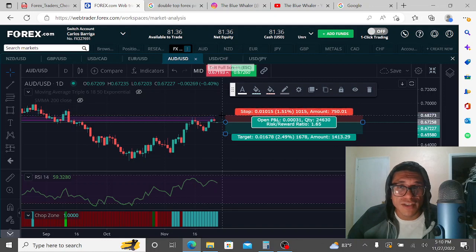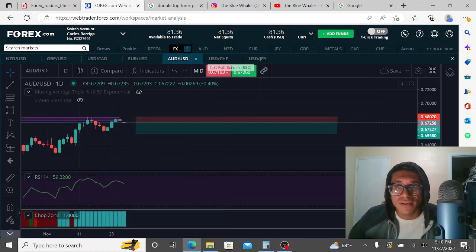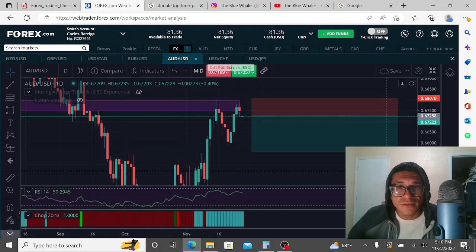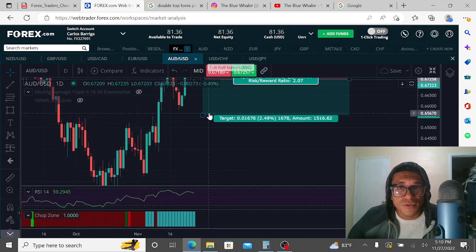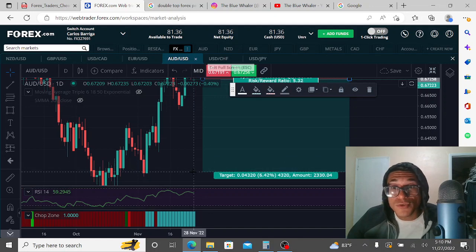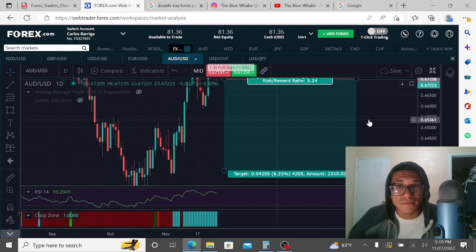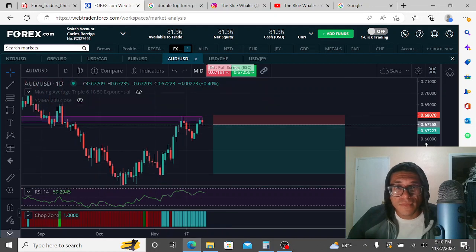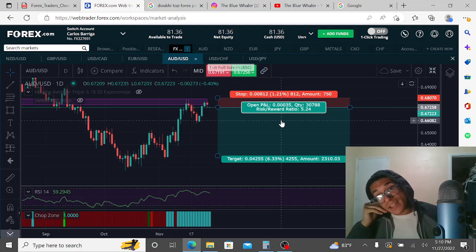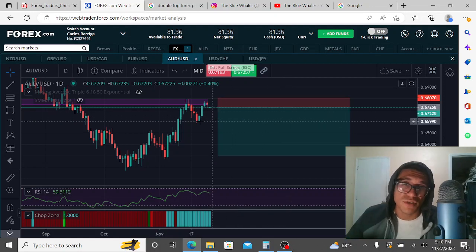I'll put my stop loss at the 68-cent line, just above that rectangle box, and I would put my target profit down here at the 63-cent line. So the risk to reward ratio is 1 to 5.24. So you're still making 5 times the profit, okay?